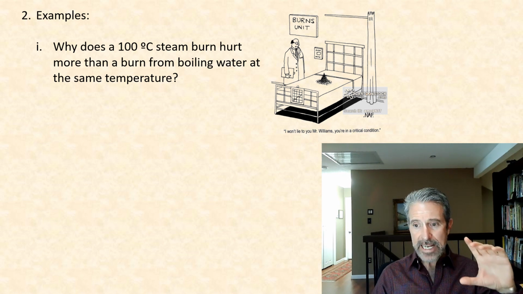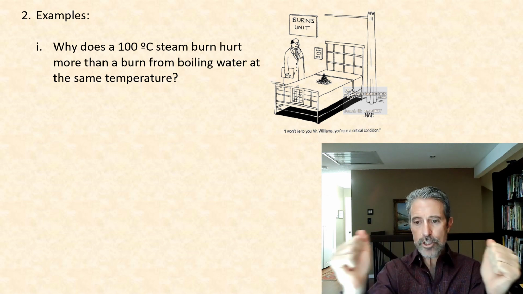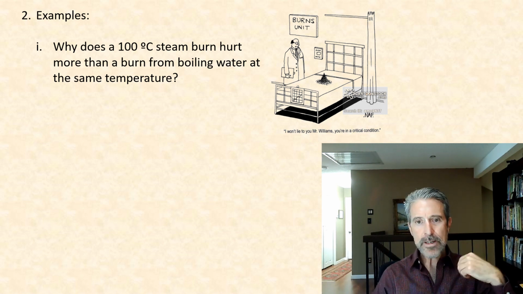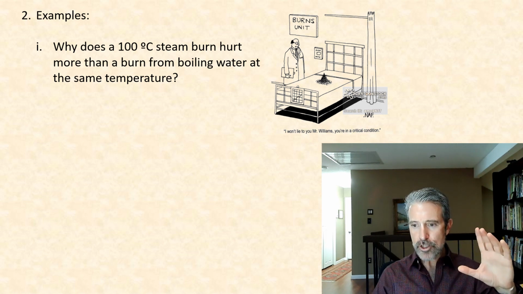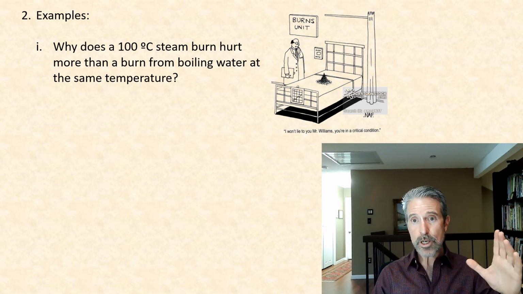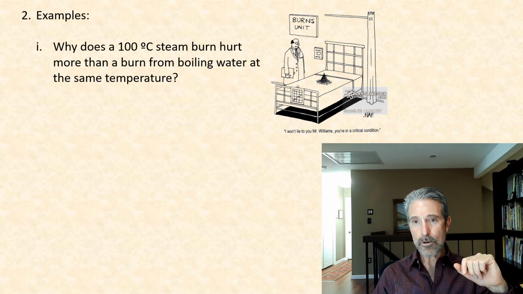Okay, we had to add energy in the form of heat to increase their potential energy to move them further apart. So those steam molecules, even though they're still at 100 degrees Celsius, just like the water molecules, they possess more energy. How much more energy? An amount of energy equal to the latent heat of vaporization, which we said for water was about 2,260 joules of energy per gram of water.